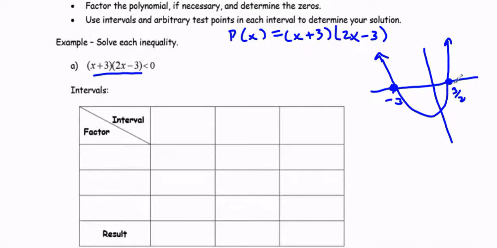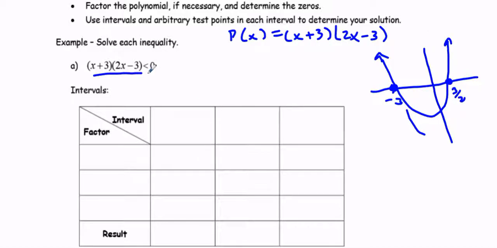Between negative 3 and 3 halves, the graph is below the x-axis, which means that the graph is negative, with negative meaning less than 0. And from 3 halves on to infinity, we can see that the graph is above the x-axis, which means that it's positive, greater than 0.